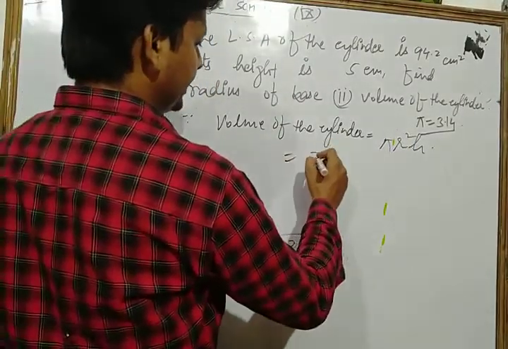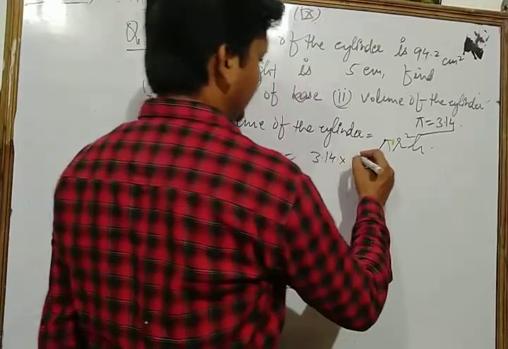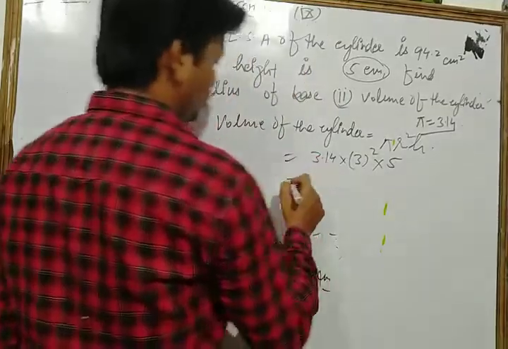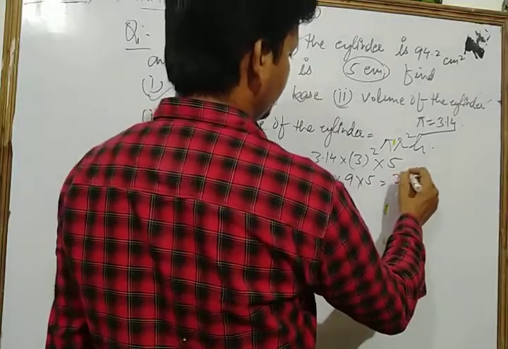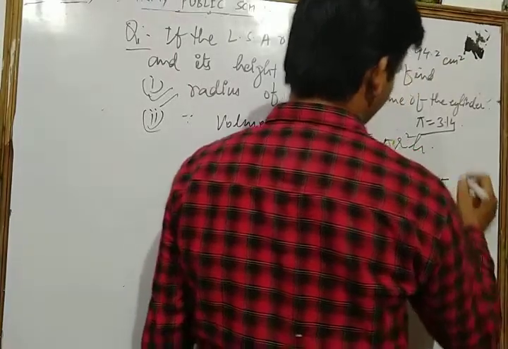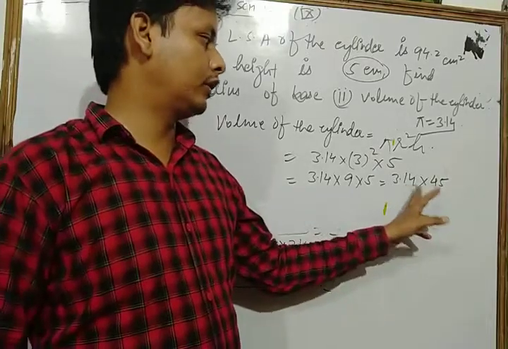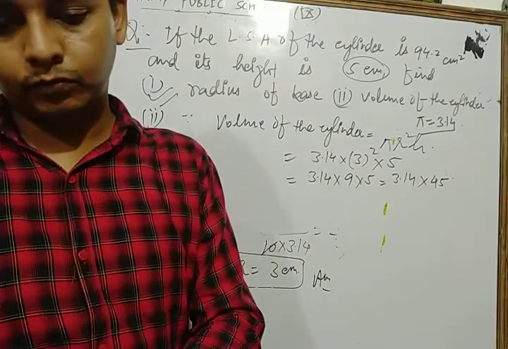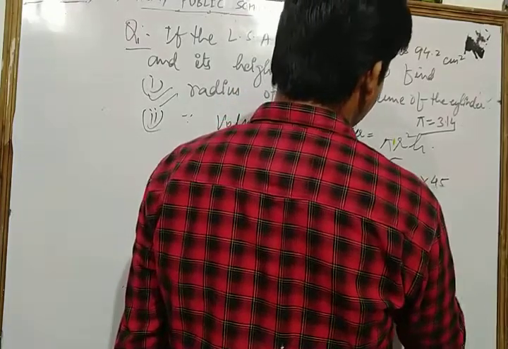So the value of pi we take as 3.14 into the value of r we find 3. So here we put 3 square into, and height is given as 5. So 3.14 into 9 into 5, that is 3.14 into 9 5s are 45. Now we multiply 3.14 into 45, we get 141.3. We get 141.3 centimeter cube.